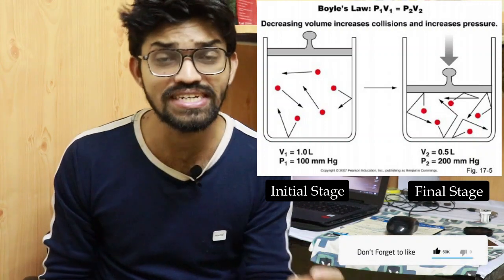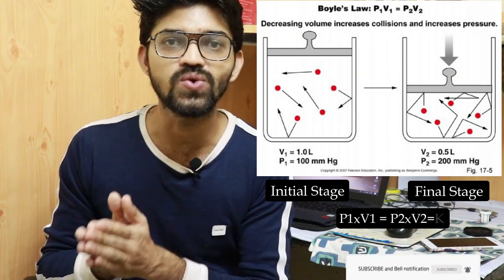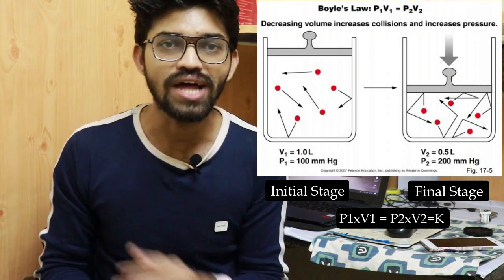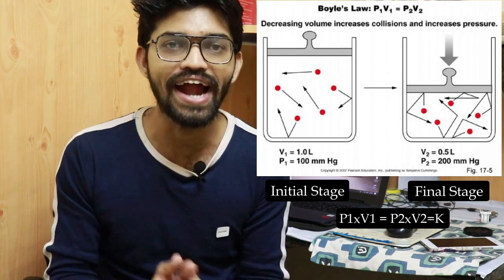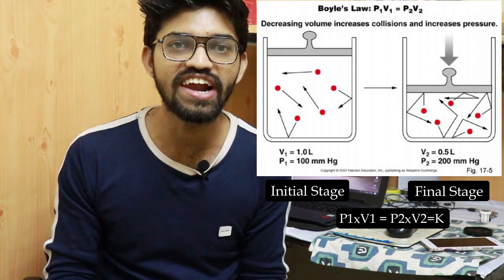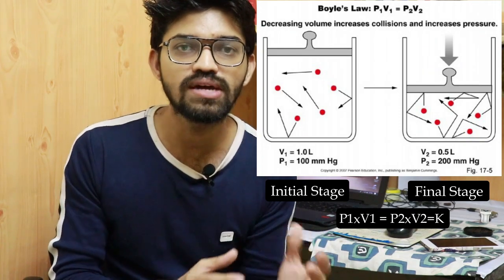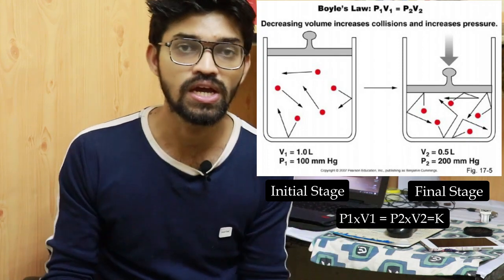That's why the equation can be written as P1 V1 equals P2 V2 equals constant. So this law is only suitable for pressure and volume, and by using it one can calculate the pressure and volume relationship between two stages. So guys, let's take one example.